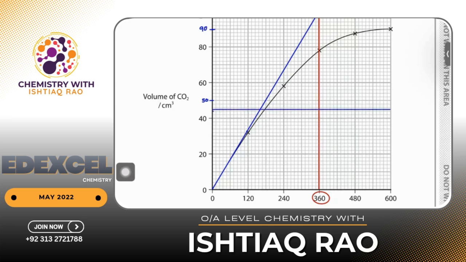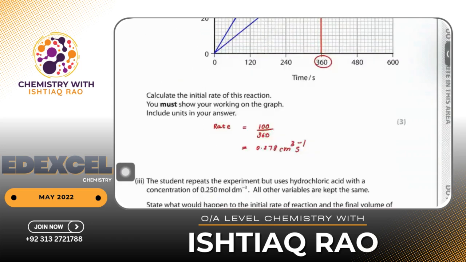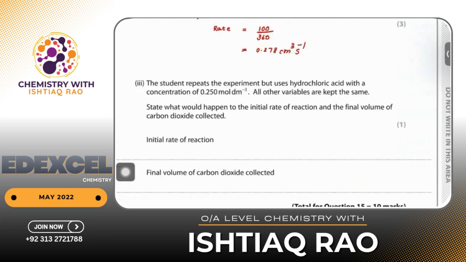This is the half, right? So I can say, okay, so final volume of carbon dioxide collected would be decreases by half.